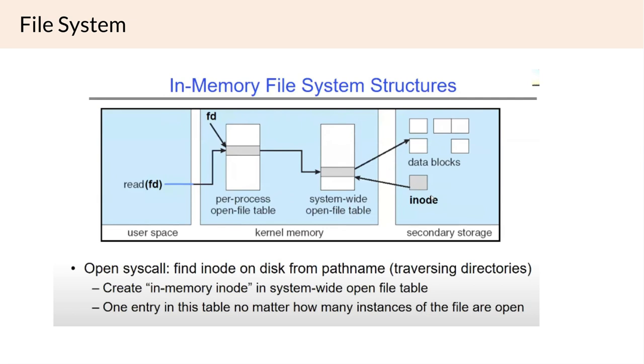So again, each file is uniquely identified by an inode, and an inode typically maintains a reference count to track how many open references there are to that file. When there are no more references, or when the last reference is being taken away, then the inode's contents can finally be deleted.